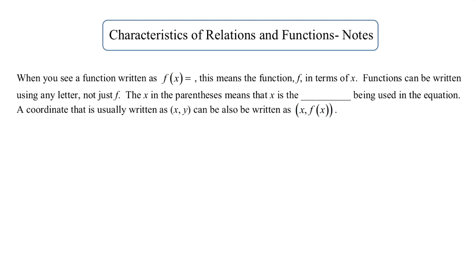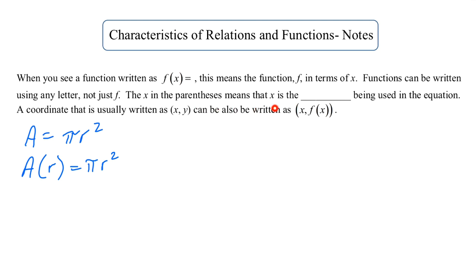For example, if you have an area of a circle equation where area is equal to pi r squared, a lot of times that would be written A of r is equal to pi r squared. All that means is that the area in terms of r is equal to pi times the radius squared.